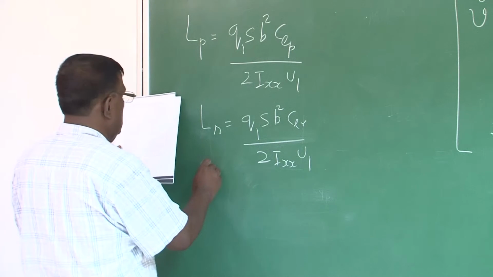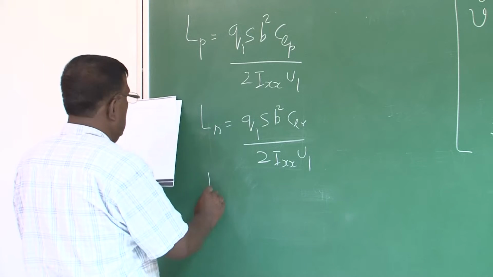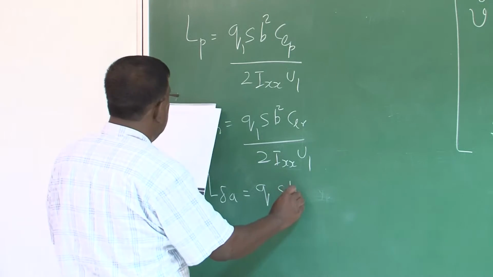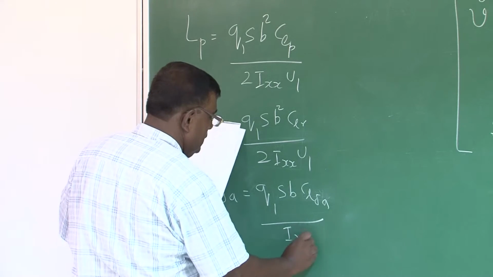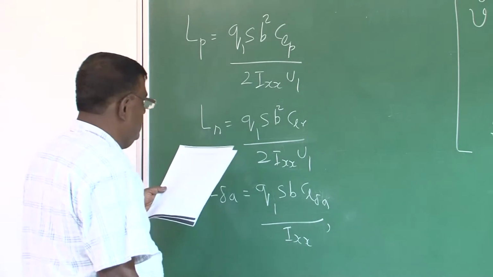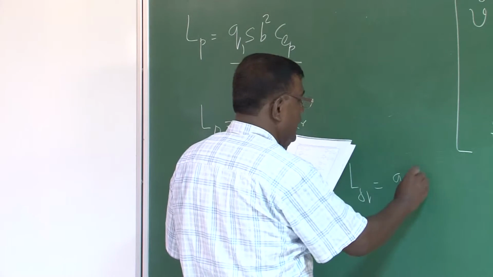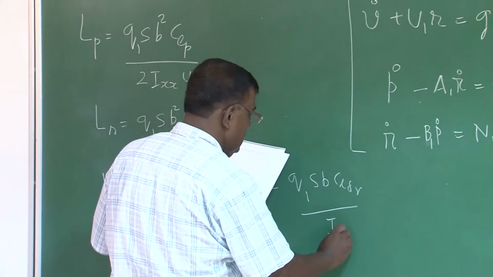Then your L delta a will be Q1 S b CL delta a by Ixx. And then if you see, L delta r will be Q1 S b CL delta r by Ixx.